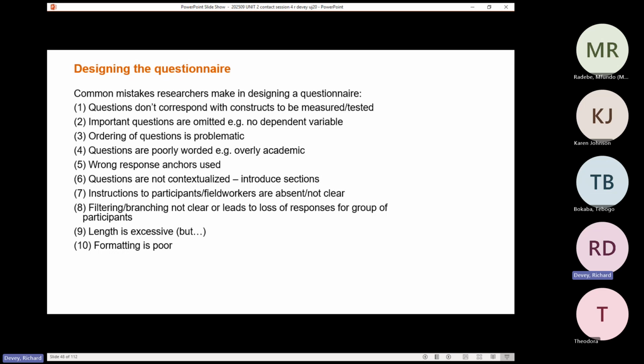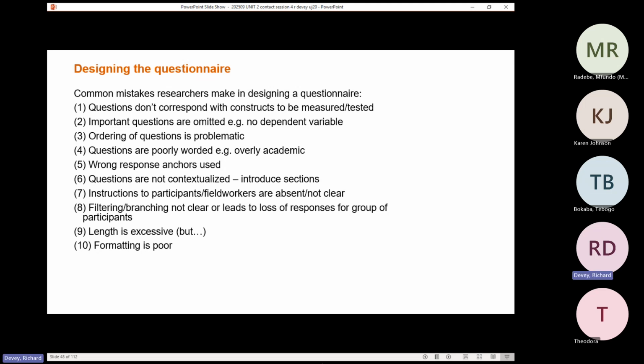Sometimes students have sections on their questionnaire, but they don't have any introduction to the section. They'll have a heading and a question 1 or question 2, but they don't ease the person into the questionnaire and into that section. It links to what you were saying, Mufunu, about respecting the participant and giving them some insight as to what's going to be covered.